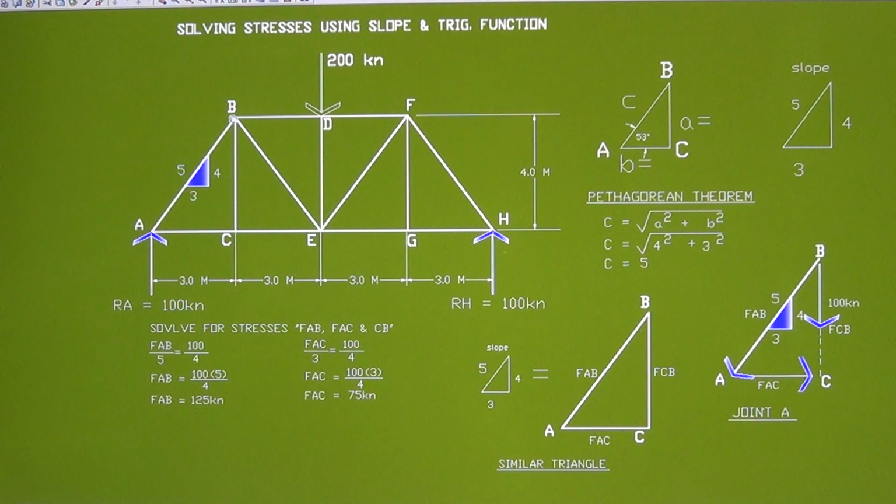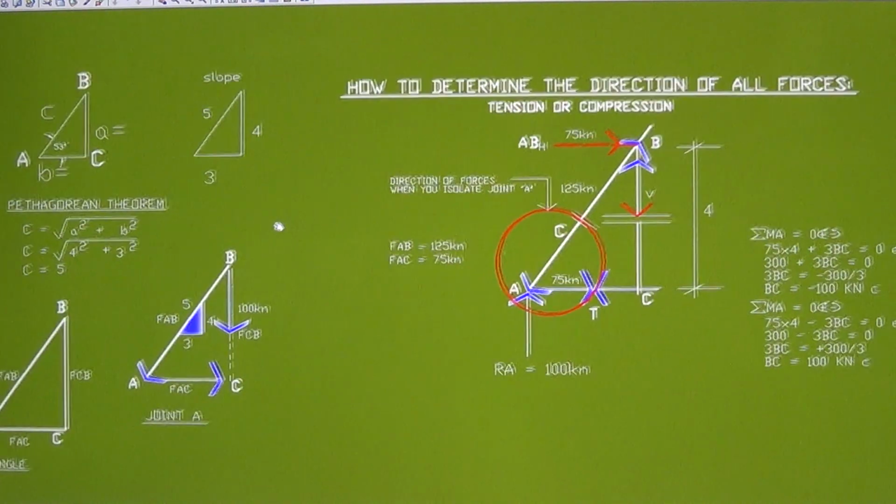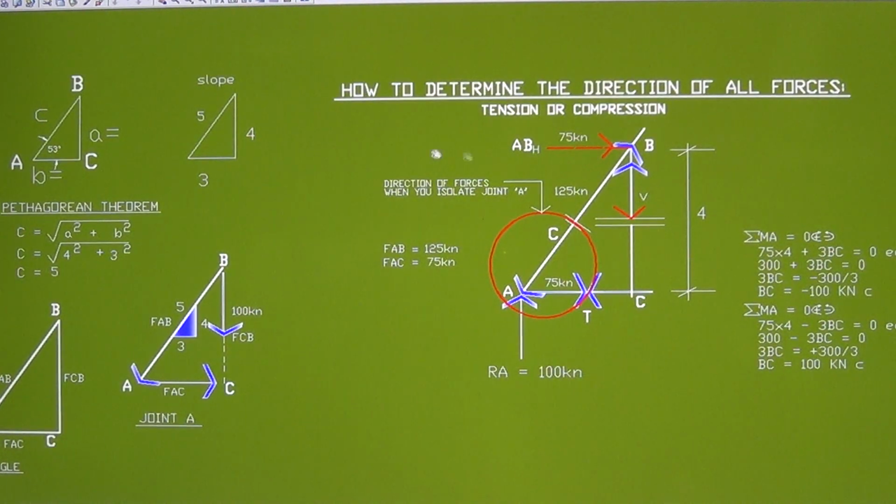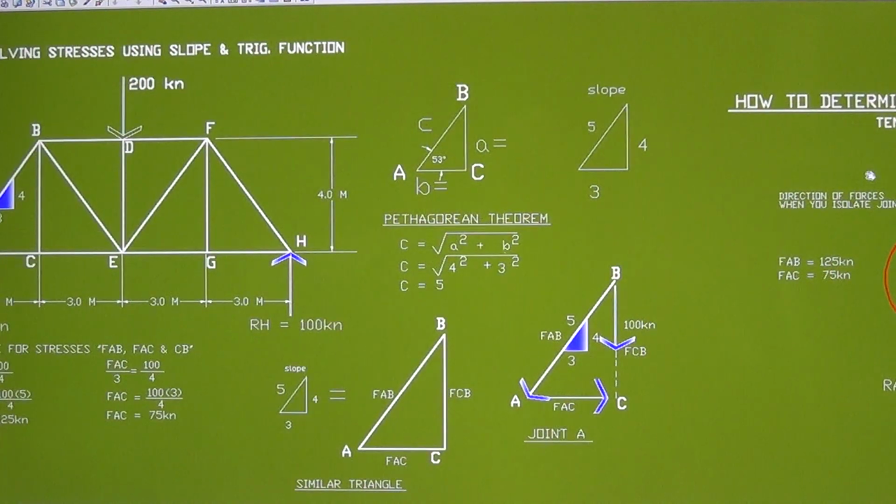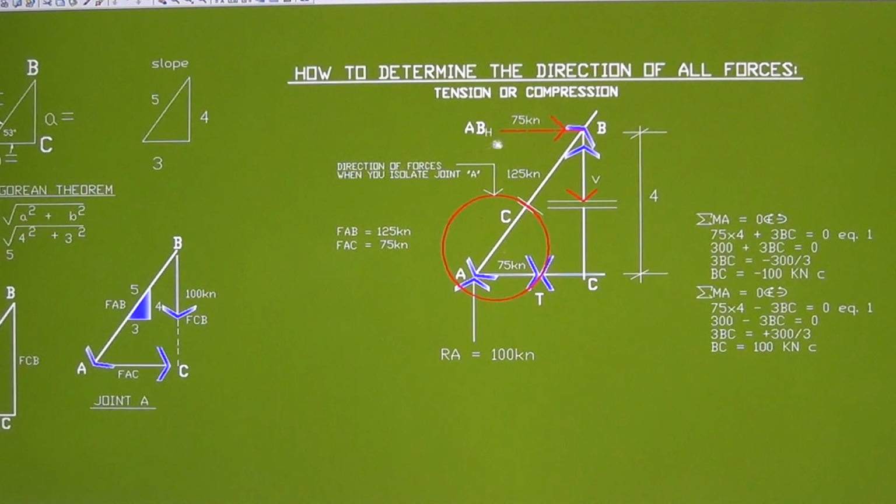So at the joint B here, there is BD, and since this is compression, the force right here is also going towards the joint to maintain equilibrium. Always think about equilibrium of forces.